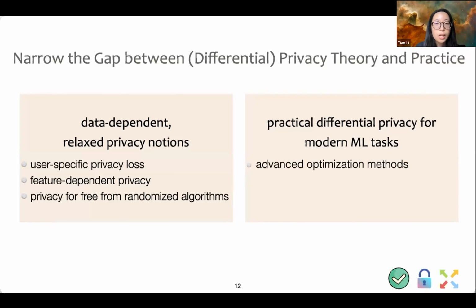One is to consider integrating privacy with advanced optimization methods, for instance, adaptive optimization and robust optimization, and in multitask, distributed environments, right? And then under distribution shifts. So can we guarantee privacy and handle distribution shifts at the same time?